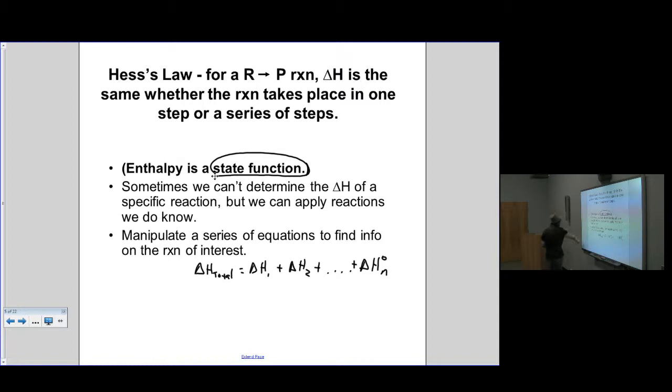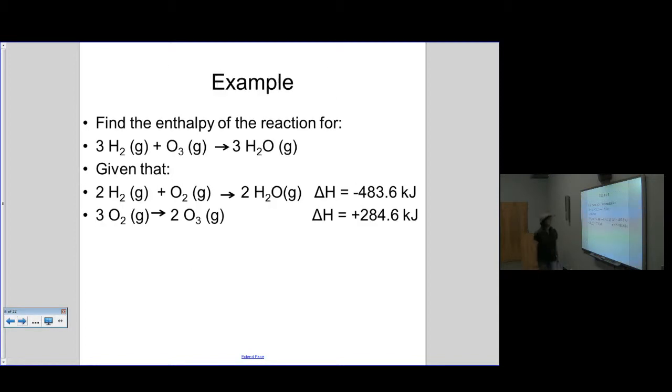So let's look at our first example. This is a Hess's law example, and in this case, you need to identify what you know. This is your target reaction, and you're going to use these two reactions.